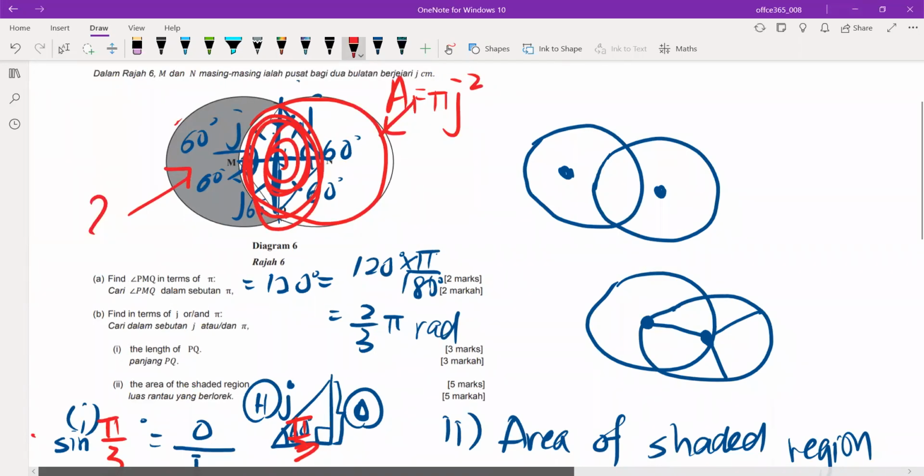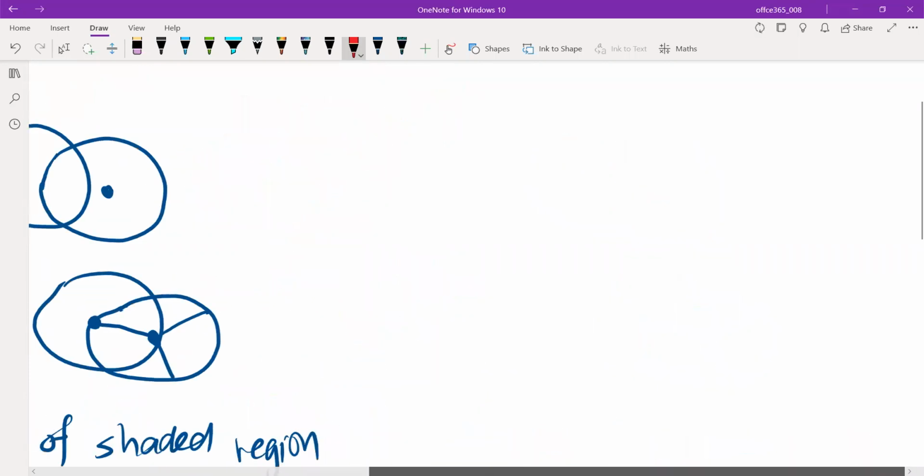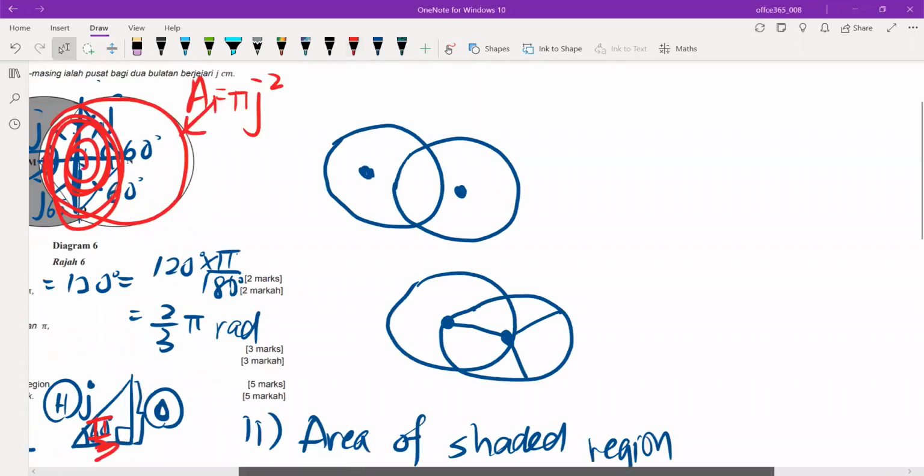How to find it? I want to find this. So another one is which area? A3, A2, pi j squared over 2. Remember the formula, half r squared theta. Which one?